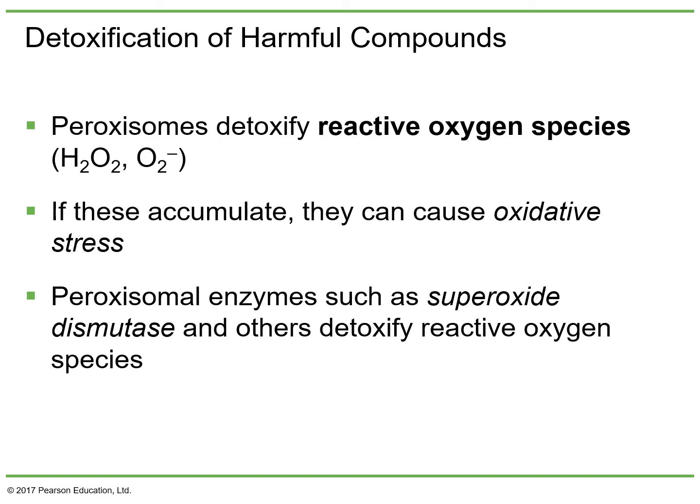And if they accumulate, the cell can suffer from oxidative stress. Peroxisomal enzymes, therefore, like the superoxide dismutase, the catalase, and peroxidases, detoxify these reactive oxygen species, preventing them from accumulating and subsequent oxidative damage to cellular components.